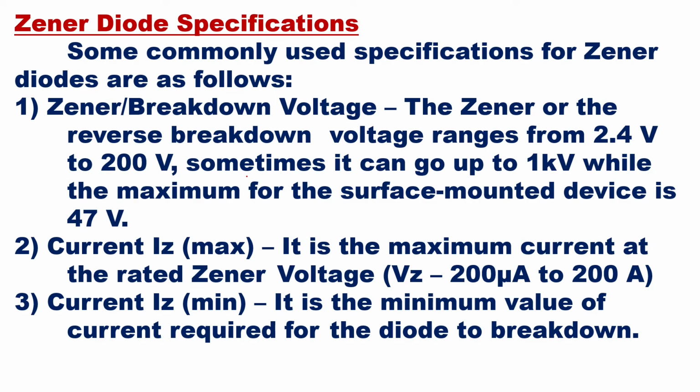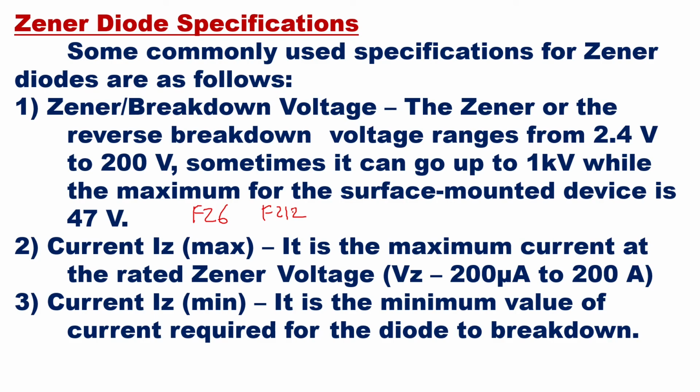The 6 volt Zener will be named FZ6. If you take an FZ6 Zener diode, it has a reverse breakdown voltage of 6 volt. If you take FZ12, then it has a reverse breakdown of 12 volt. So these are the diodes we will see in the lab.